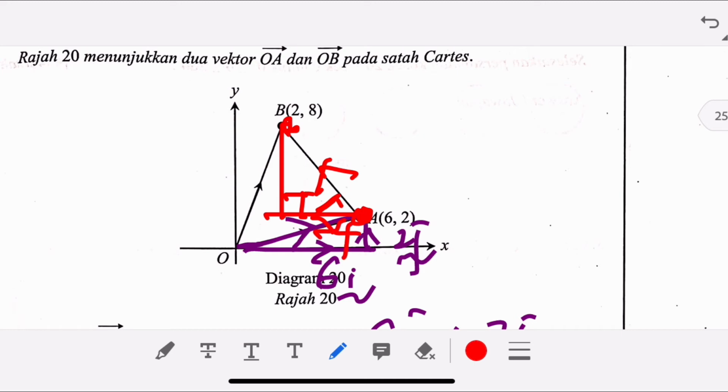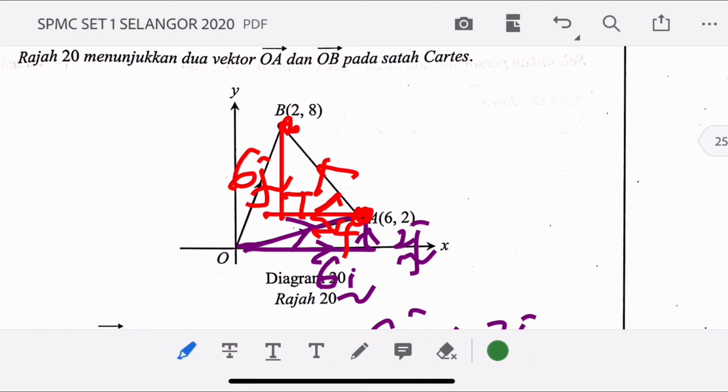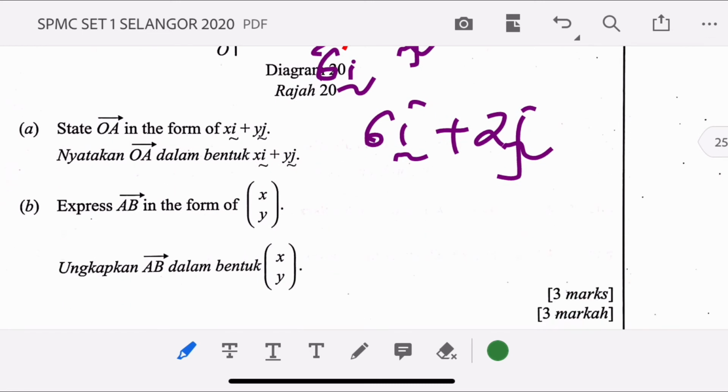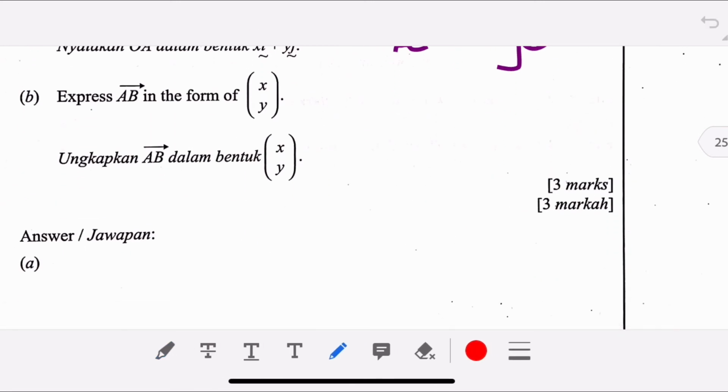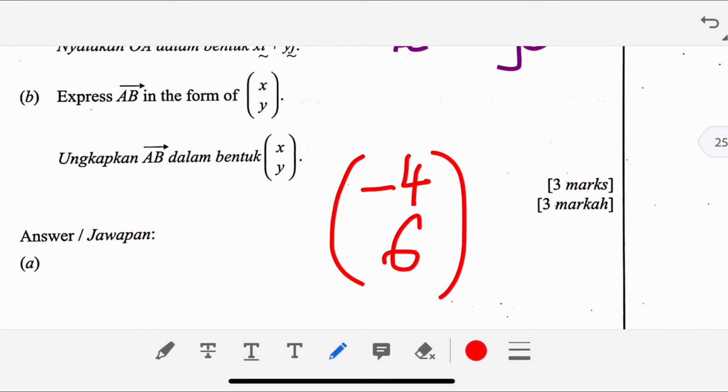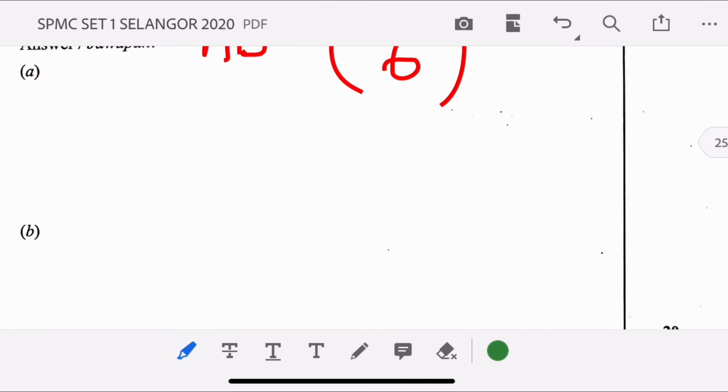From 2 go to 8 is moving 6 steps upward, so it's positive 6. Because the question wants the answer in vector column, this is a vector column for vector AB, right? Okay, we have solved negative 4, 6.